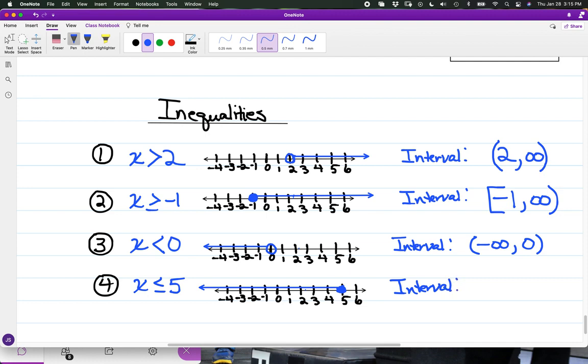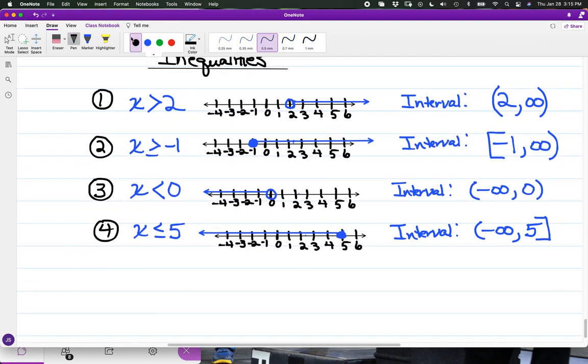And for the interval notation, again, the leftmost extreme is negative infinity. And then the maximum goes up to and including the number 5. So 5 is going to be in the brackets.